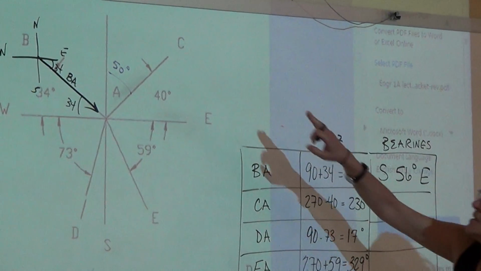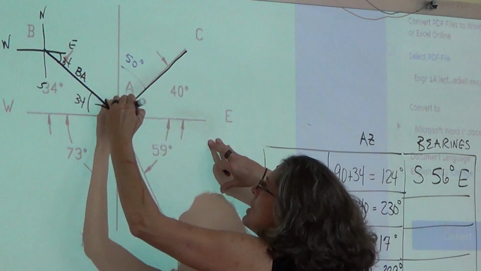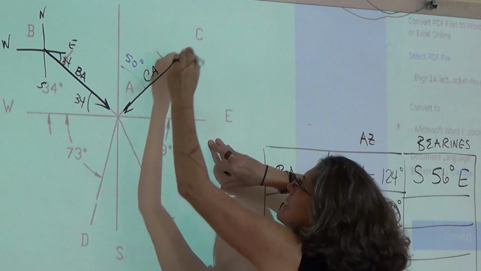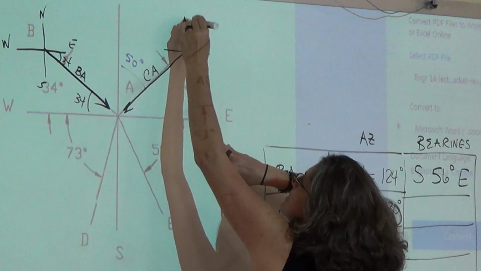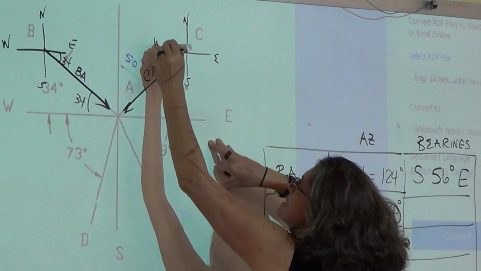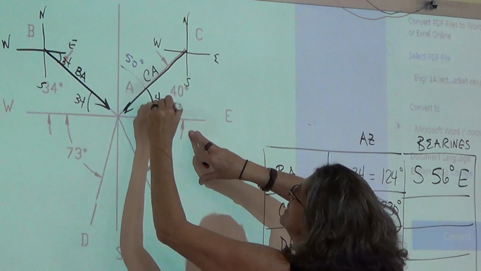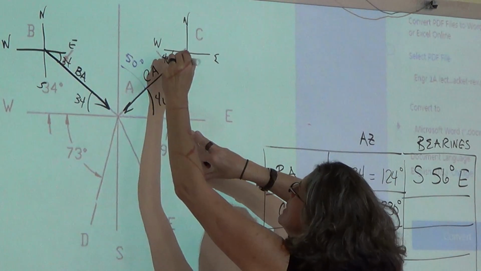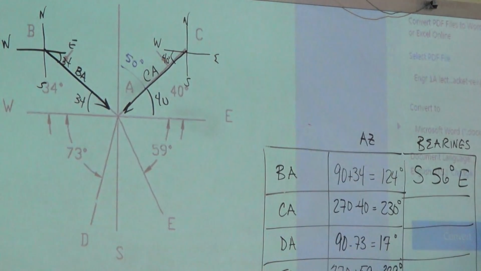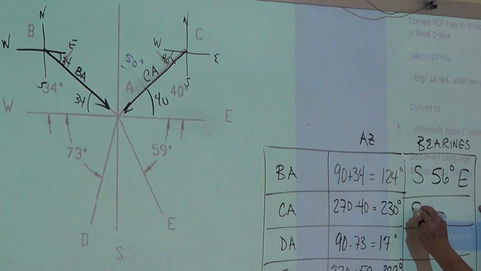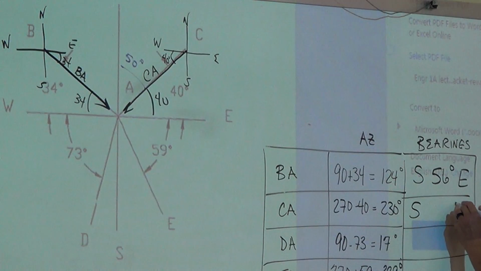Okay, C to A, here's line CA. I draw my coordinate system, north, south, east, west. This is 40. Alan, north or south? South. East or west? East.